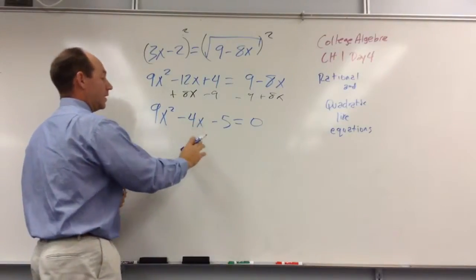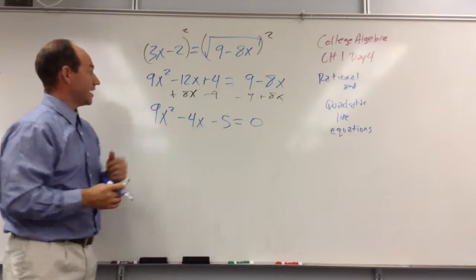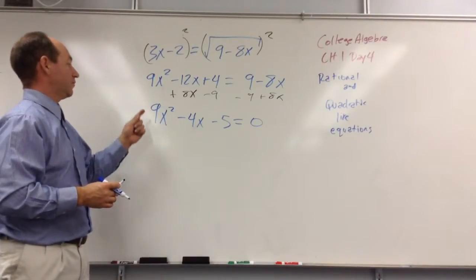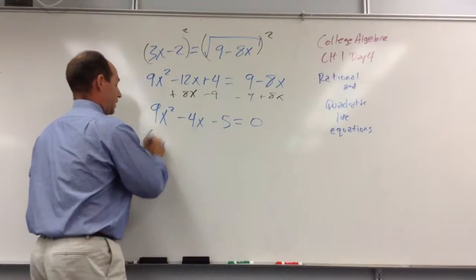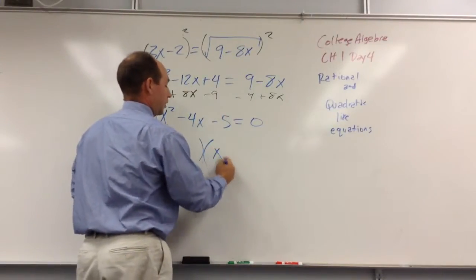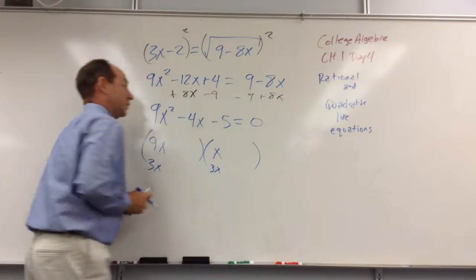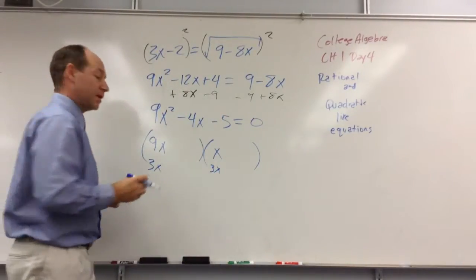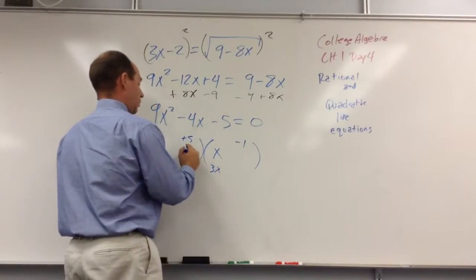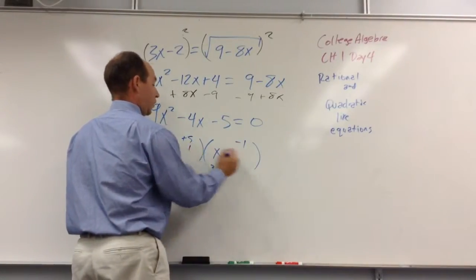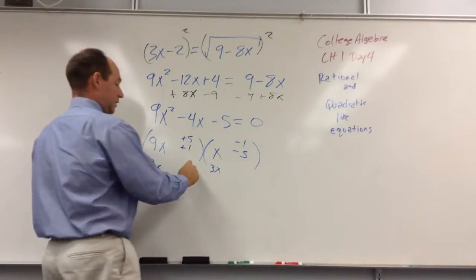So let's see. This 9x squared can be 3x and 3x, or 9x and 1x. That's the confusing part, we don't know which one it is. The 5 is either positive 5 and negative 1, or we can put a 1 and a 5 here and switch the positive and negative, or do the same thing down here with the 5 and the 1.